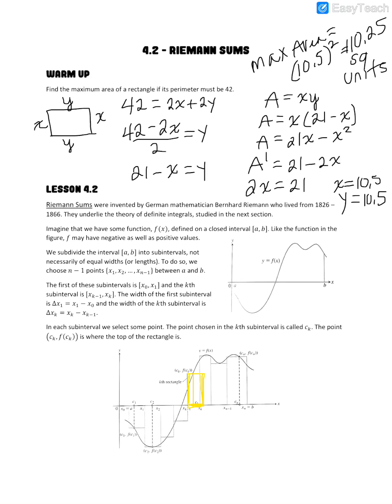So the width of the rectangle is subtracting those two numbers. The height of the rectangle is in between those. I pick a point, I go up to the graph, and that's where I make the height of my rectangle. Okay. All right. So for instance, here, this was obviously the c right there, because that's where they made the height.